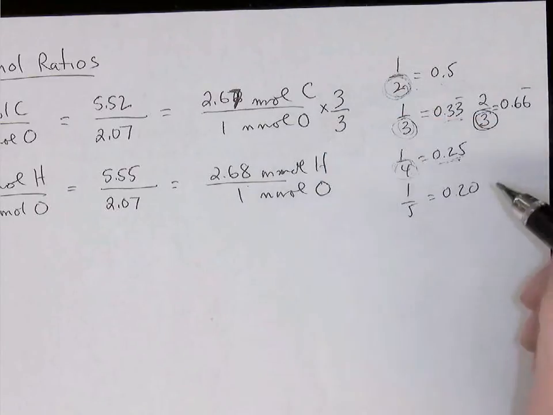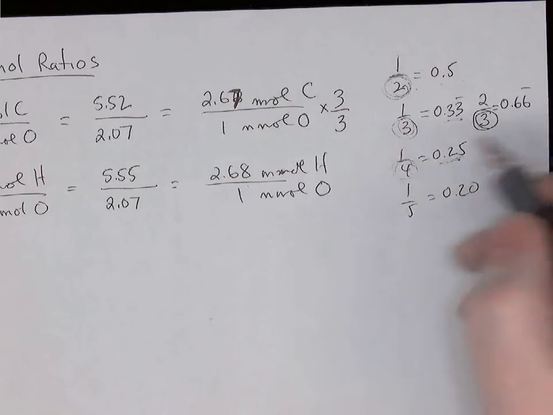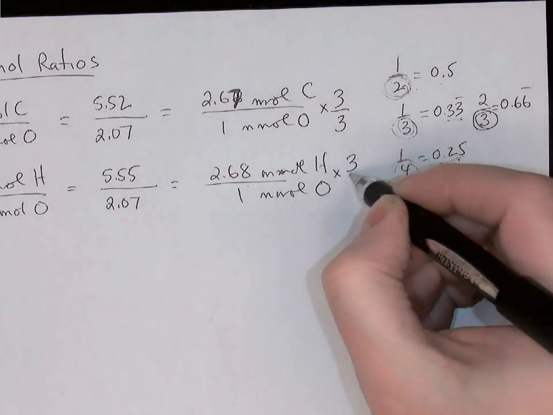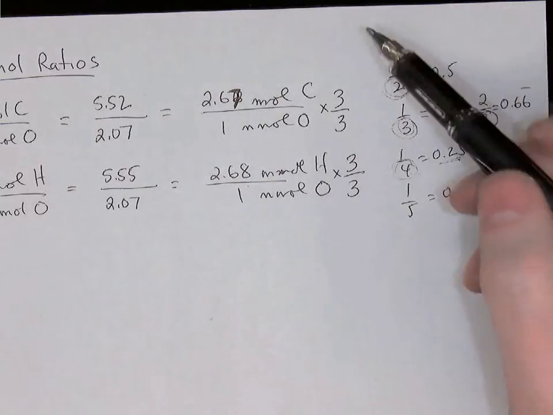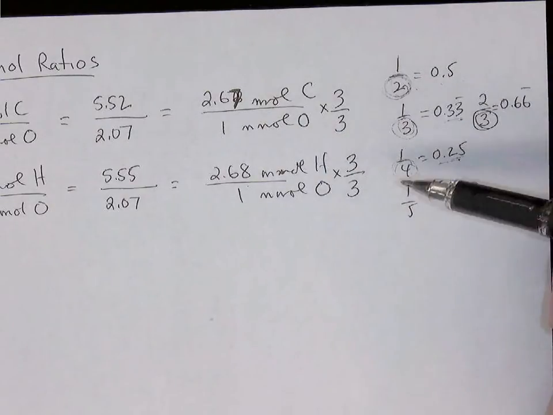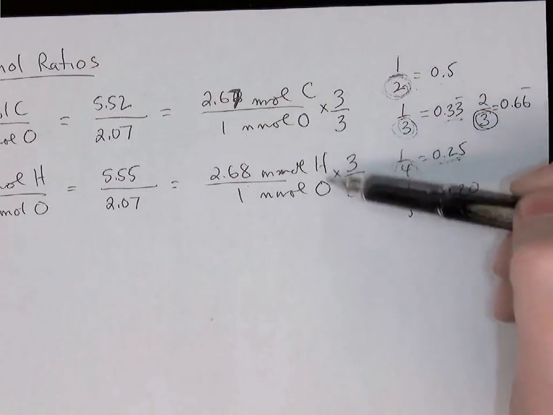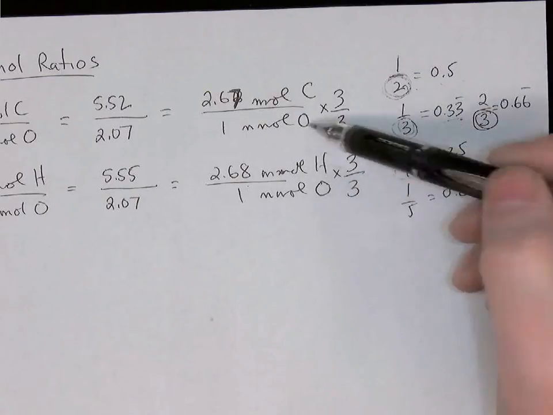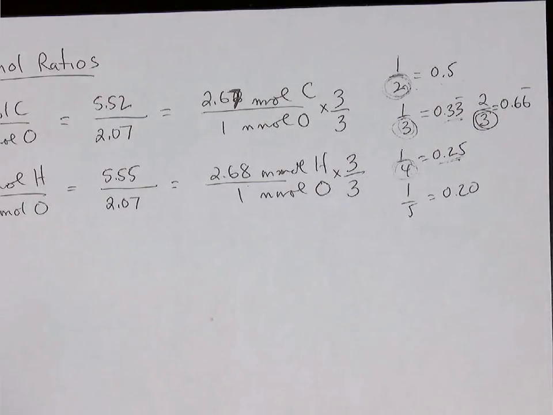Notice I'm really multiplying by 1, so I'm not changing the ratio. I'll do the same thing on the bottom because it also has the 2.66, or 2.68, which is very close to 2.6 repeating. And I need, in the end, these denominators to have the same amount of oxygen, which they will in this situation. So 2.67 multiplied by 3 is 8.01.